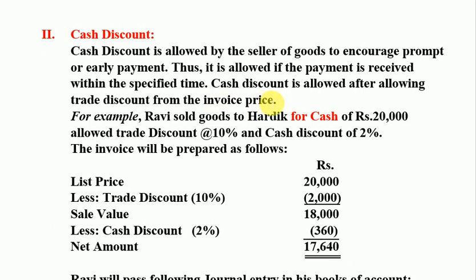So what is cash discount? A cash discount is provided by the seller to their customers or purchasers to encourage prompt or early payment.